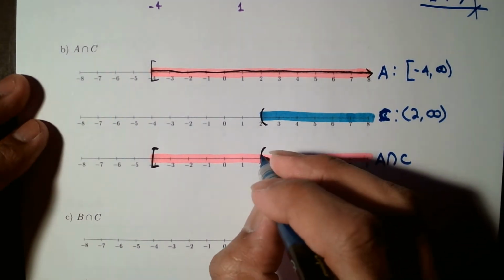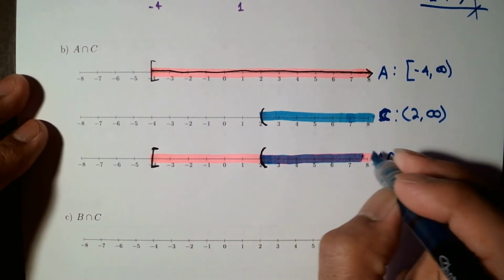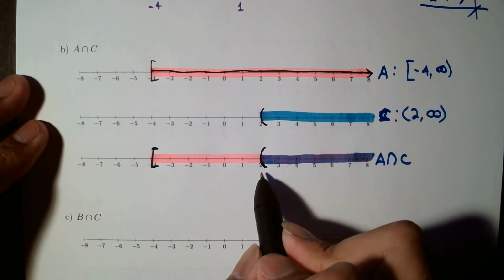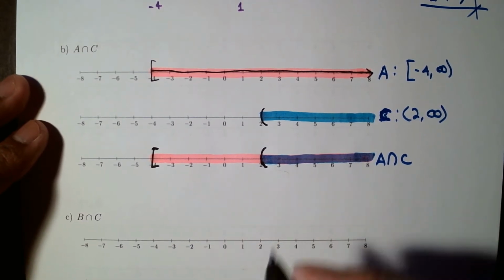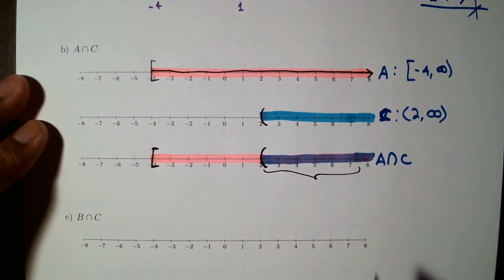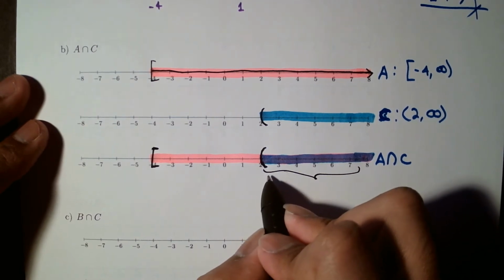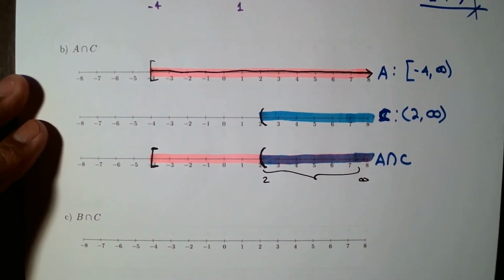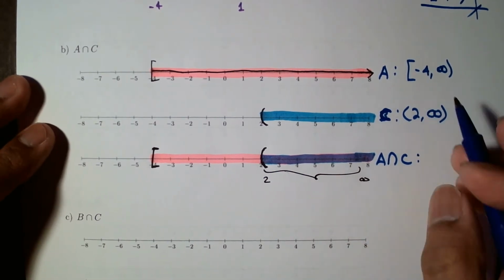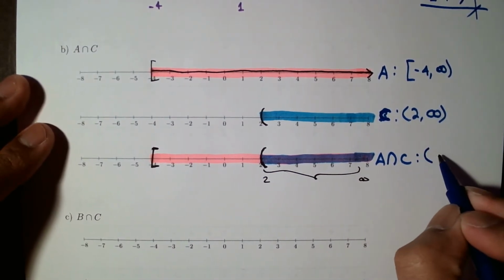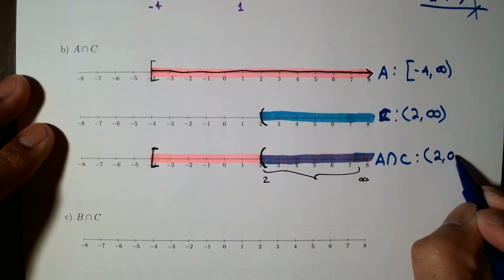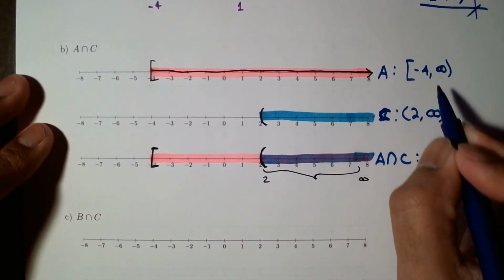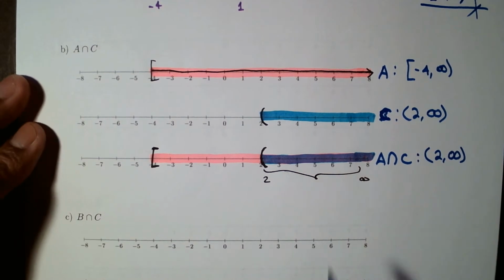So now what are we looking for? In this case I'm looking for the overlap, and the overlap, guys, is going to be comprised by 2 to infinity. Those are all the elements that they have in common when they overlap.